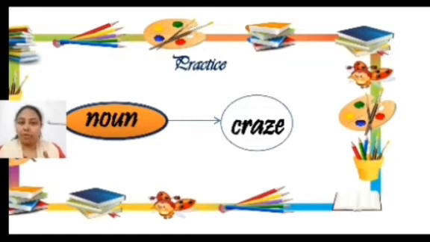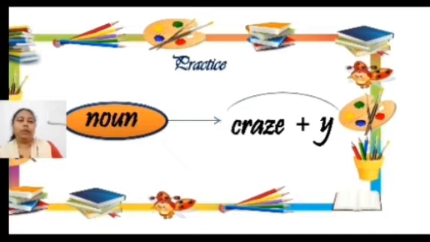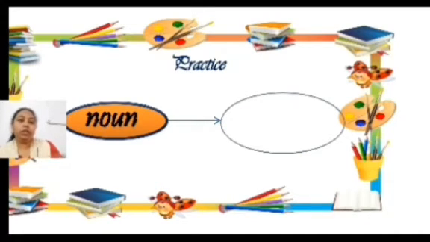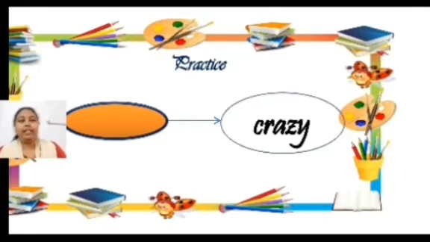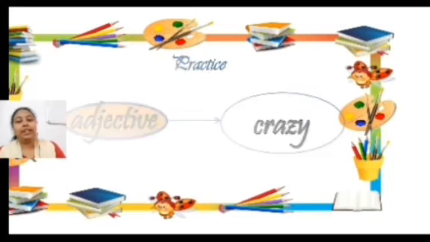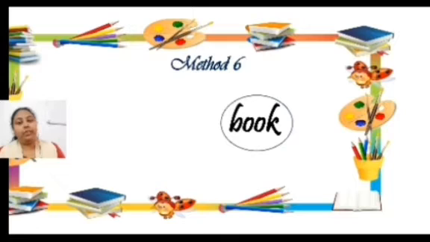Do you remember, children, how E behaves when it comes at the end of a word? It is very shy, so it hides itself. So, the new word will be written as this, CRAZY, crazy. Okay. Let us see the sixth and the last method of changing nouns into adjective.